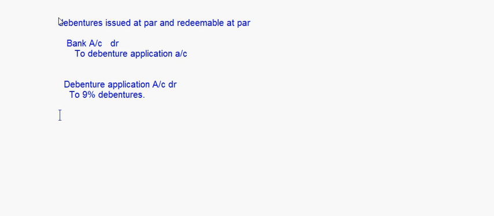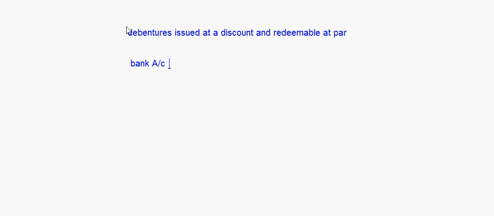Now the second one, that is debentures issued at a discount and redeemable at par. Fine. Now here again the first entry is bank account debit to debenture application account.